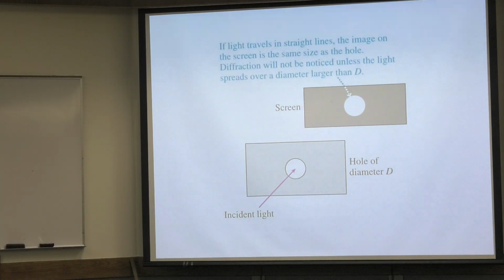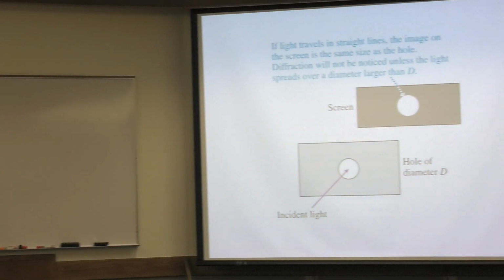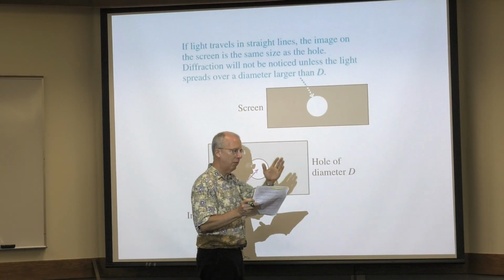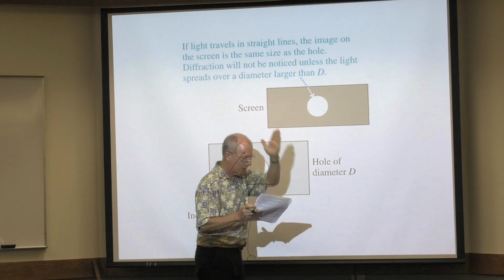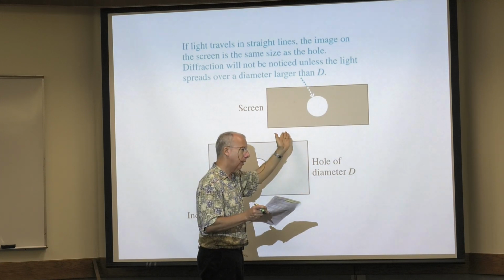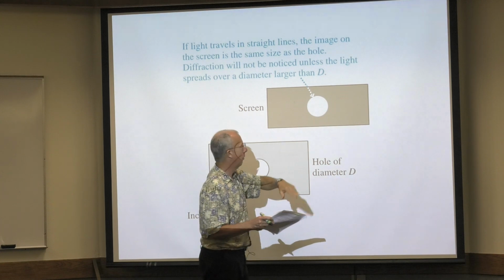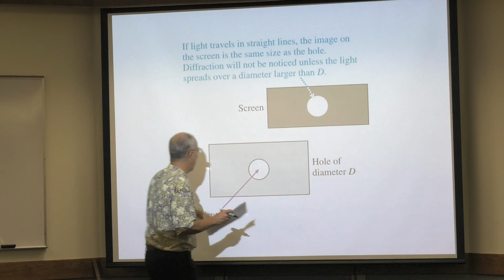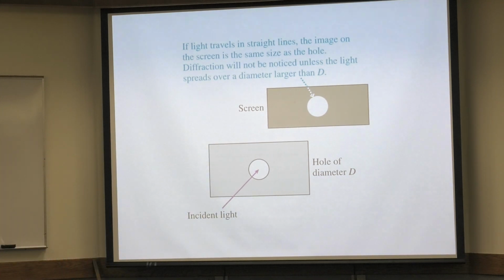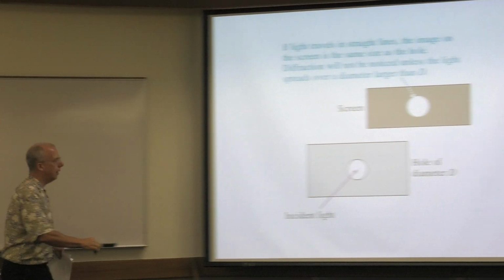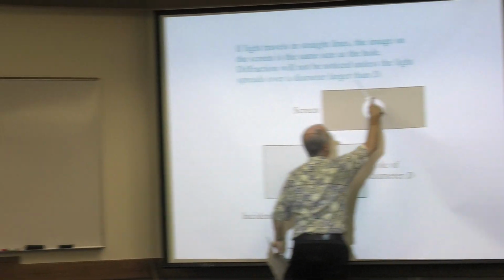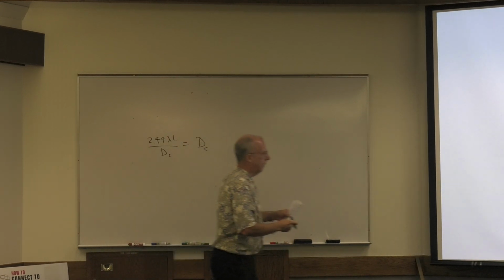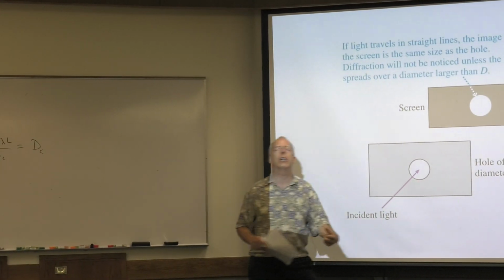So we're going to solve for the critical diameter, right at the spot where if it's greater than, it's the wave, less than or equal to, it's the ray. So we're going to call this diameter DC, D critical, right? So the C stands for critical, all right?